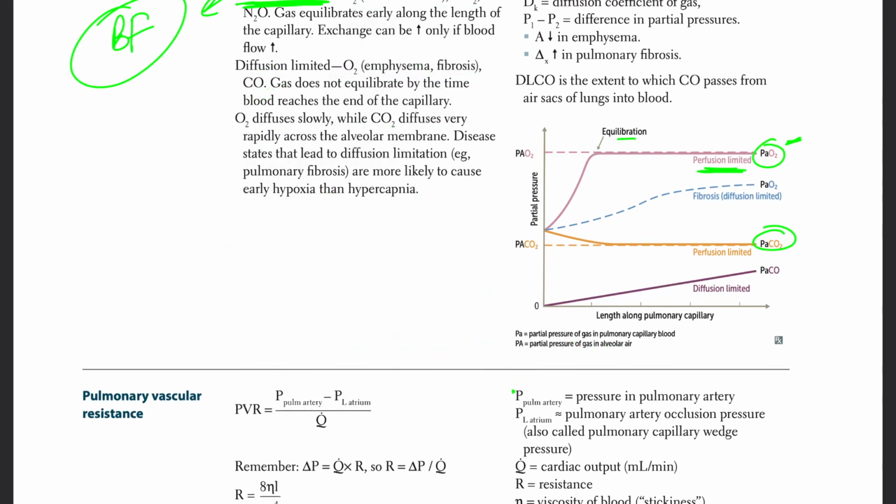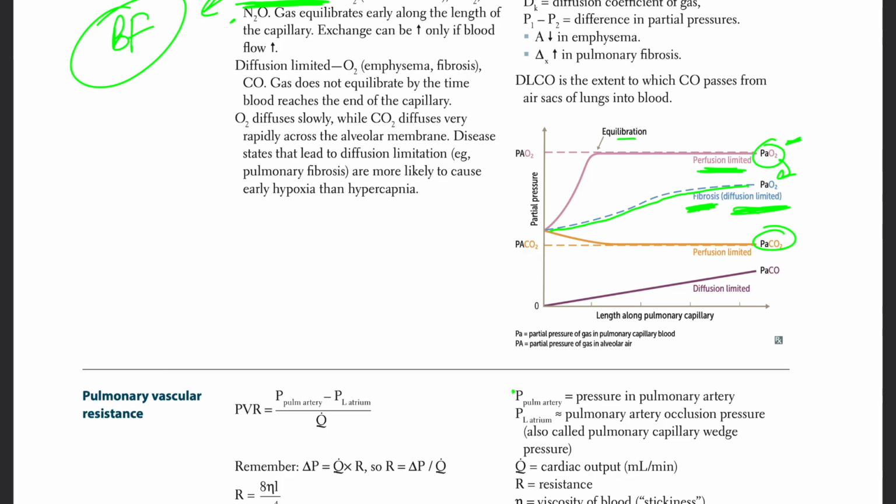So this is all about this. But looking at a picture here, very high yield. If you look at this diffusion-limited curve, the oxygen is just trying to reach the 100% level, but it's not, because there's a limitation. Why? Because there's fibrosis. The blood is there, but the air cannot get into the blood.